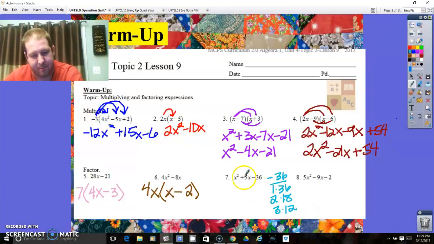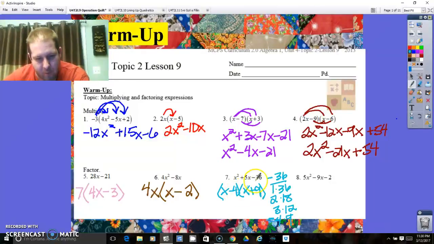Is that going to add up to 5 somehow with one of them being negative? No. 12, 11, 10, 9 would be the closest we can get. And then there's 4 times 9, and that looks like the combination, with the 4 being negative and not the 9. So it's going to be x minus 4 times x plus 9: 9 times 4, 9 plus 4.